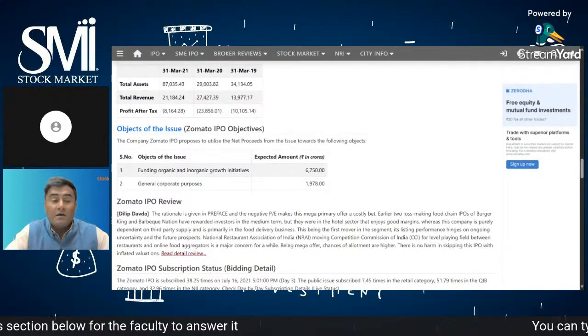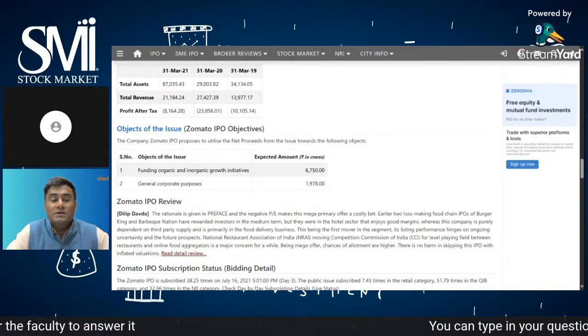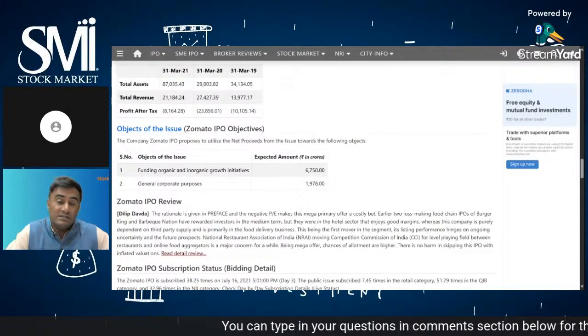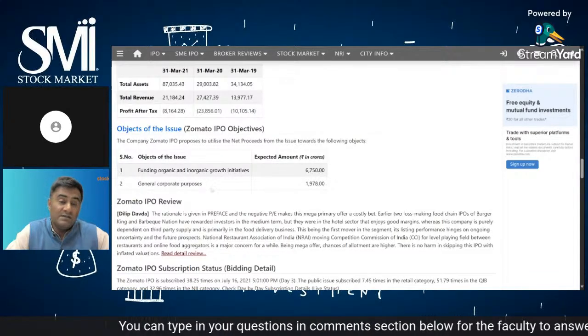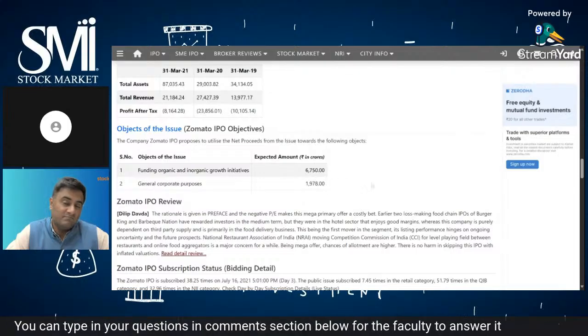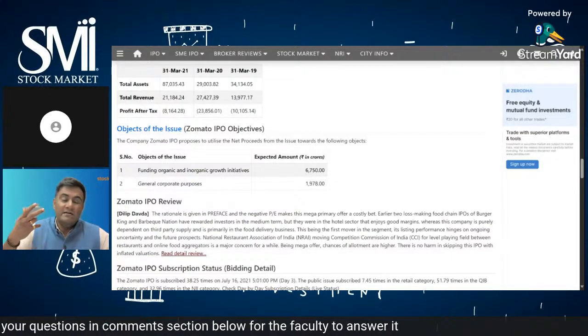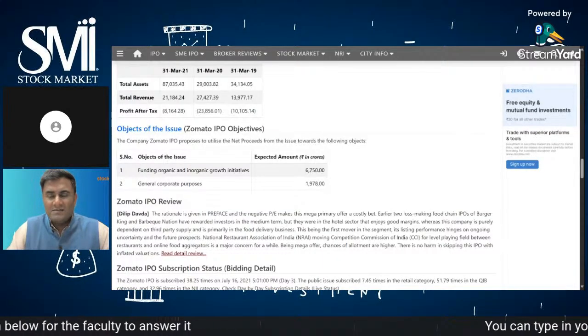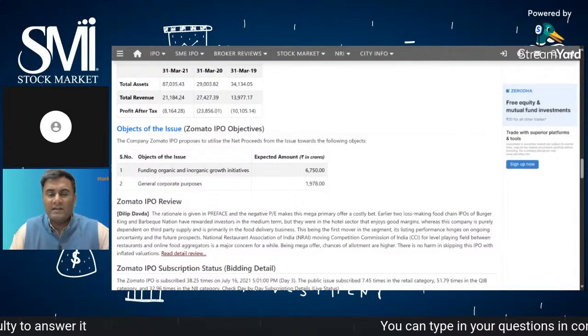Now, objects of the issue: funding organic and inorganic growth initiatives, and general corporate purposes. So we'll have to read more into that. General corporate purposes is not bringing a lot of clarity.